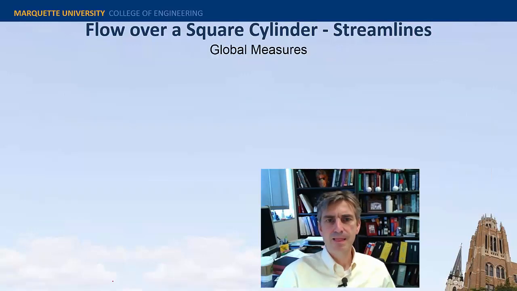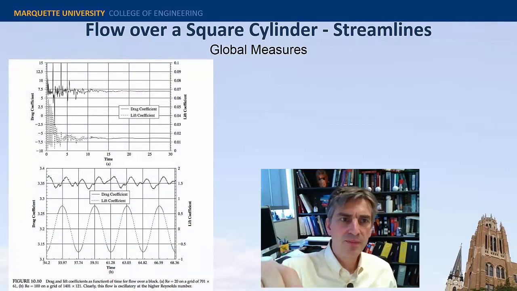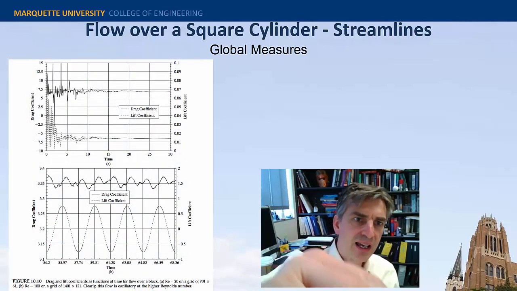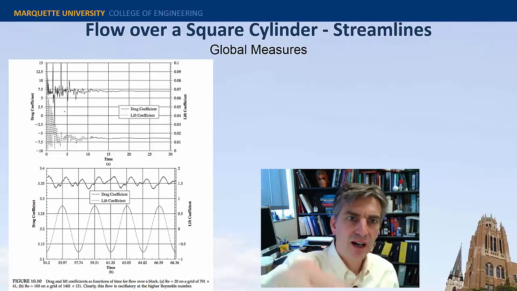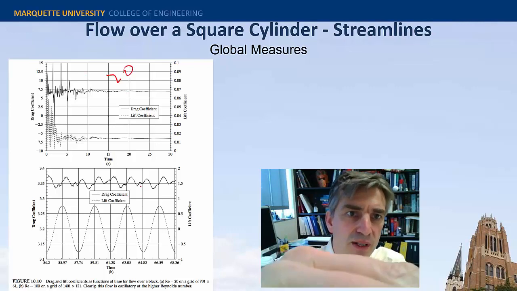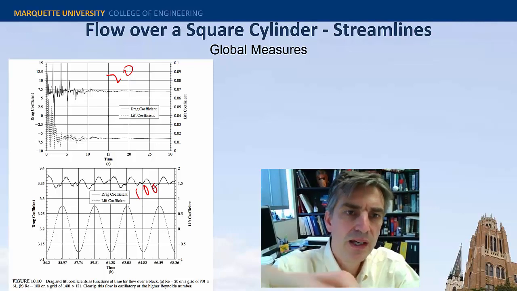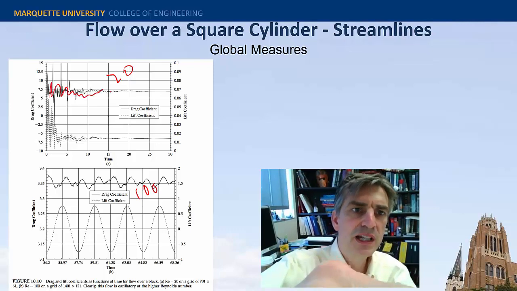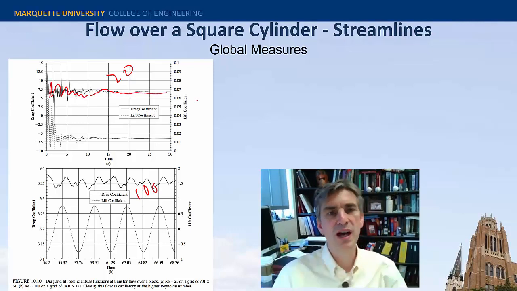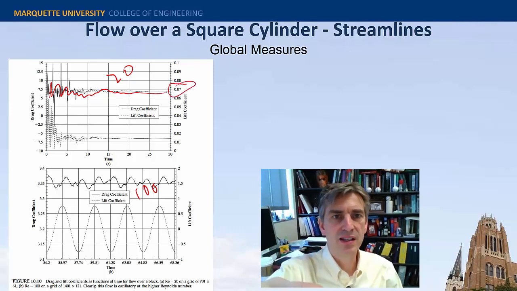All right. So what about some global measures? Here's the drag coefficient over time. This is for the Reynolds number of 20 up here, and this is for the Reynolds number of, what is this, 100? So here you would expect some initial startup, and then it would eventually smooth out and become constant, and then you get a constant drag coefficient.